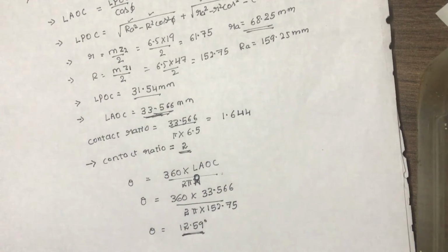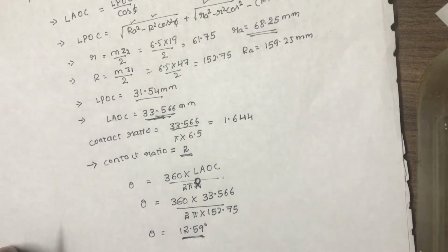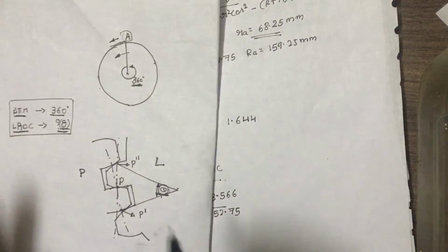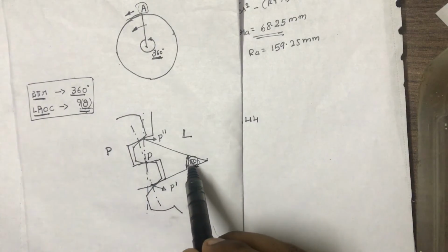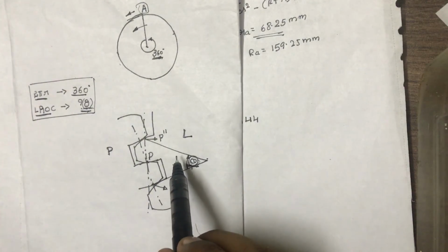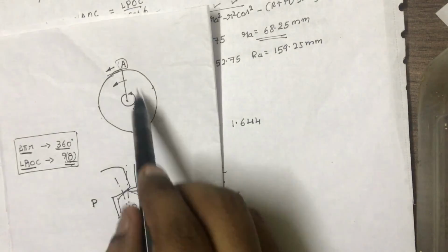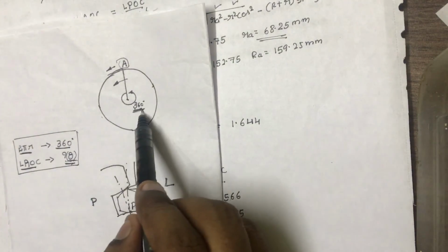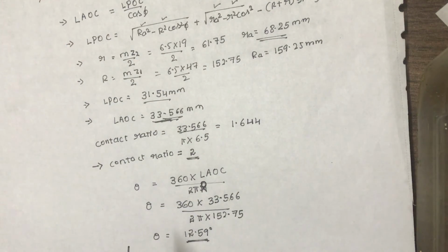So this is the answer, the angle turned through by the larger wheel for one pair of teeth in contact. For one pair of teeth in contact, the angle should be 12.59 degrees. For a complete rotation, it is 360. Are you getting it? This is how you find the angle turned through.